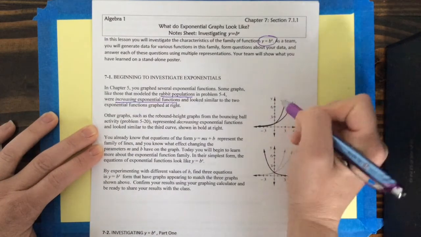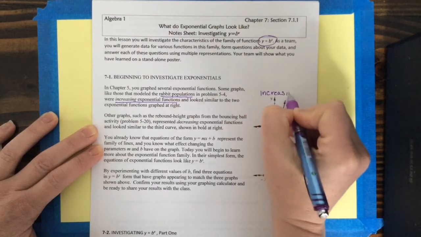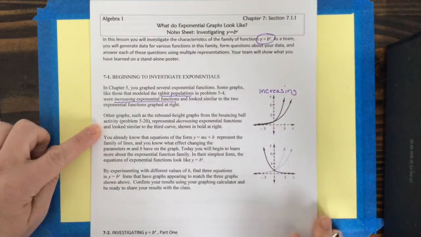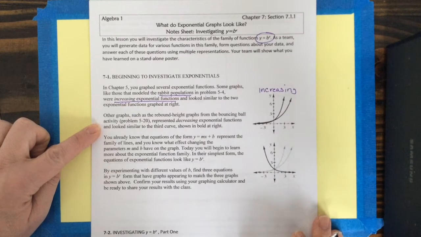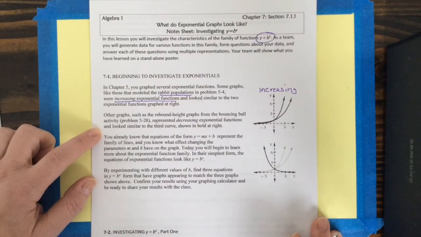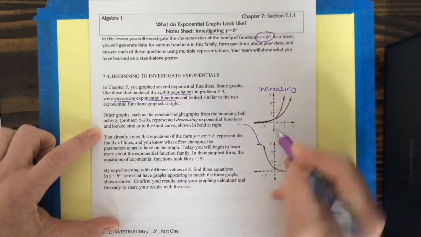Okay, so these were increasing, such as the rabbits. Other graphs, such as the rebound height graphs, like the bouncing ball that we did in, I believe, the second lesson of chapter 5, represented a decreasing function, which looks similar to this one right here.